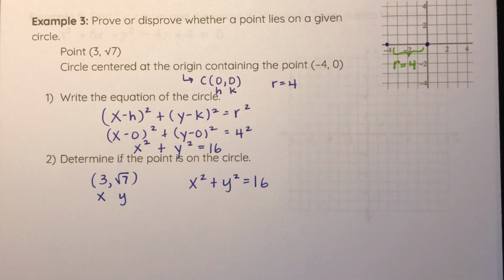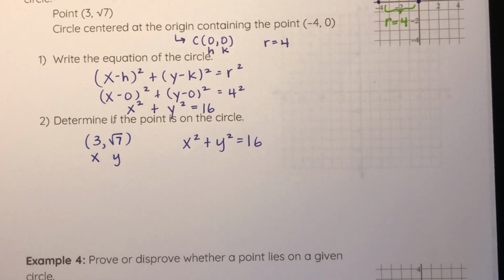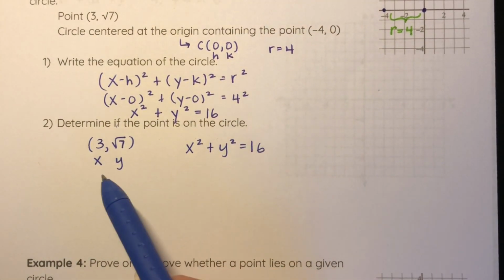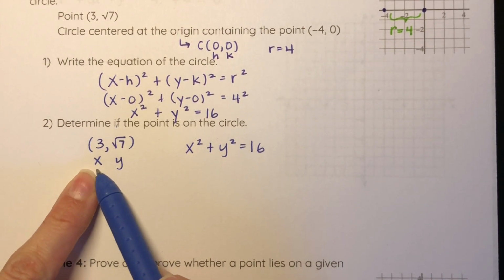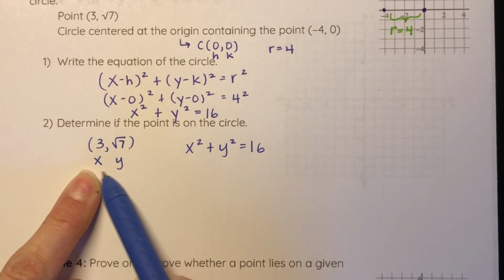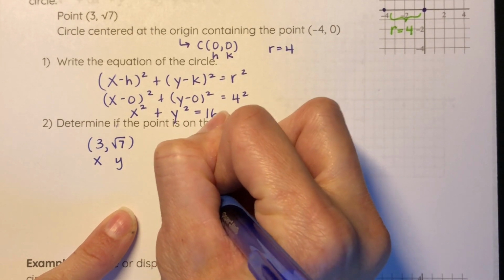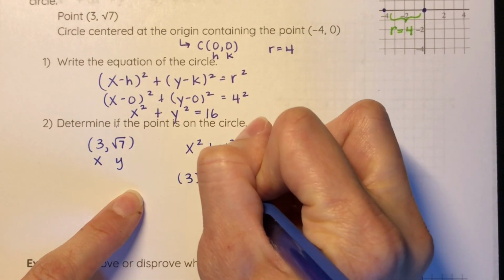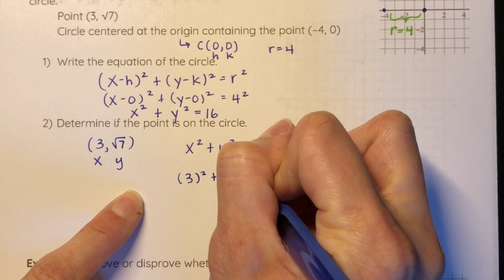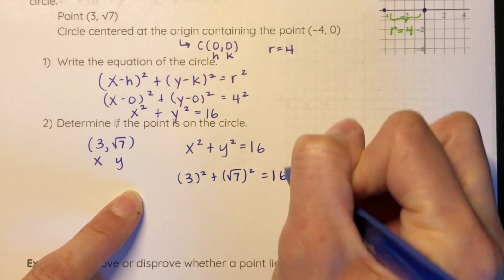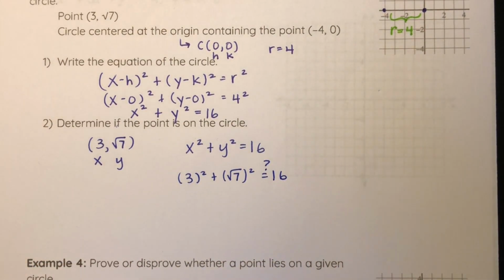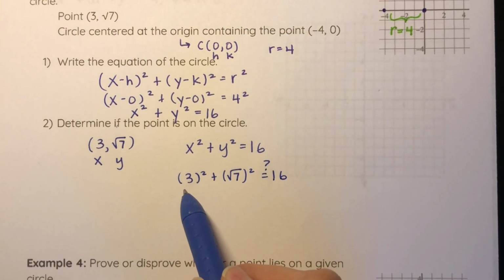So that's how we'll prove whether or not the point actually lies on the circle. So I'm going to substitute in 3 for x, and then I will also substitute in root 7 for y, and then we're going to see, does this actually give us 16? So then all we have to do is just evaluate and see what happens.